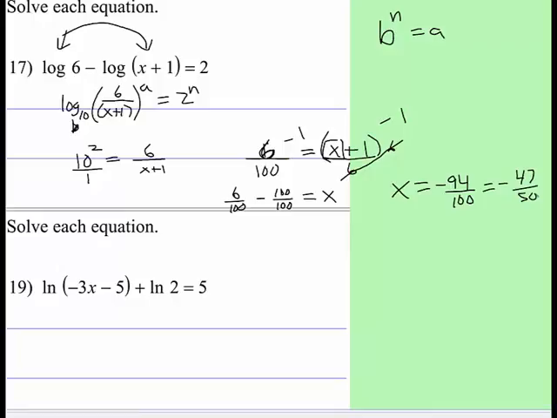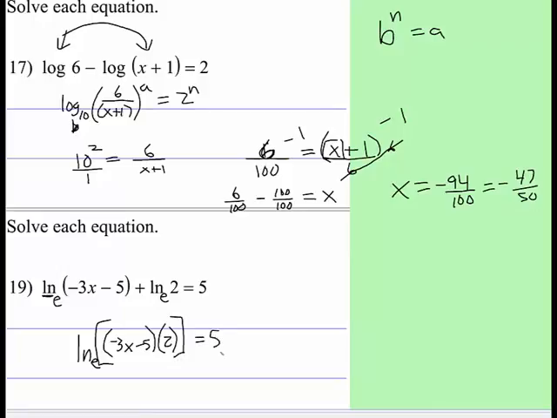Okay, the equation down below, notice this is natural log, and natural log has the invisible base e, and we have a plus sign. That means that when we condense it, it's going to be multiplication. So we're going to put natural log, there's that invisible base e, and I'm going to put this bracket right here, negative 3x subtract 5 times 2 is equal to 5.